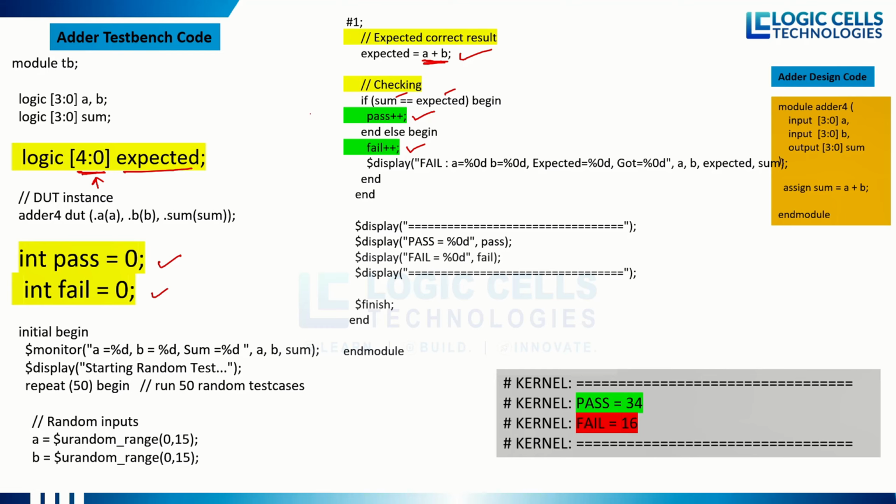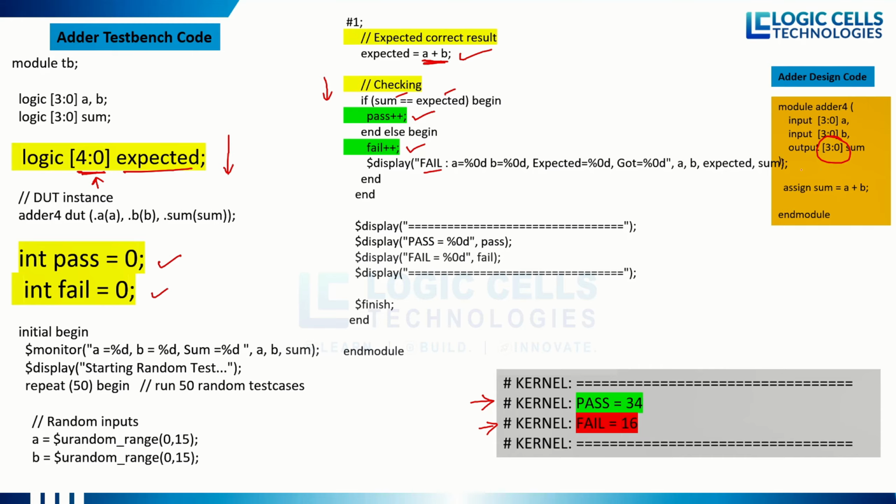If you don't know this syntax, don't worry, I will explain each and every line in detail from tomorrow. Now let's understand at an abstract level. Here we are indicating fail and pass numbers. You can see 34 pass and 16 cases failed because of this 3 down to 0. If you just change this to 4 down to 0, you will get the correct result.